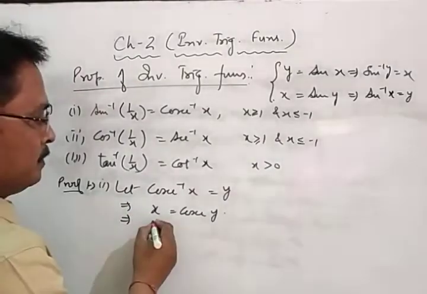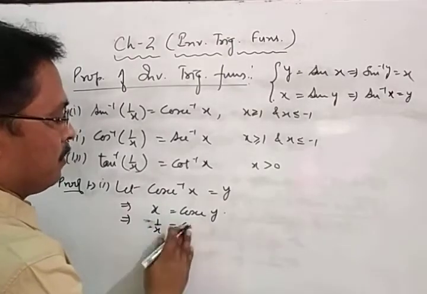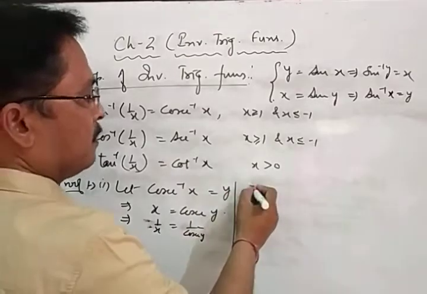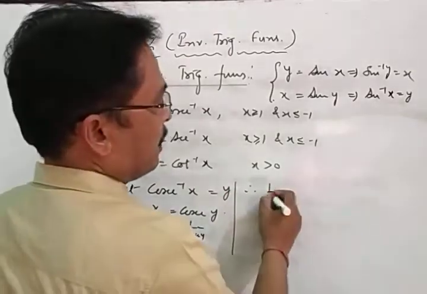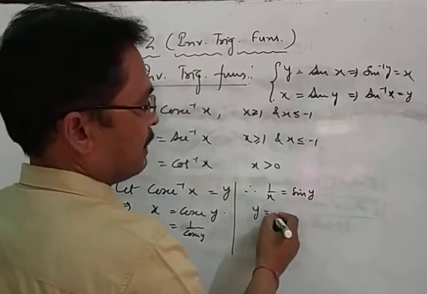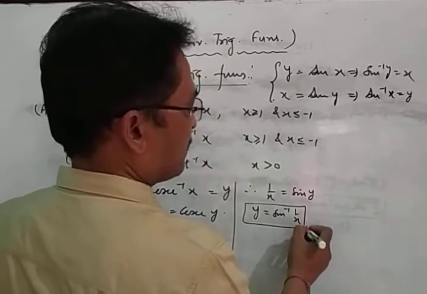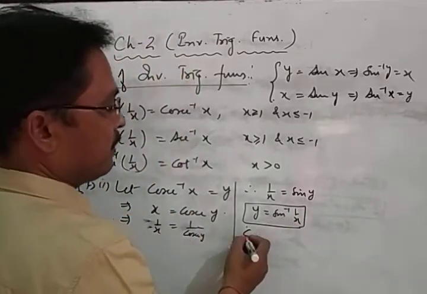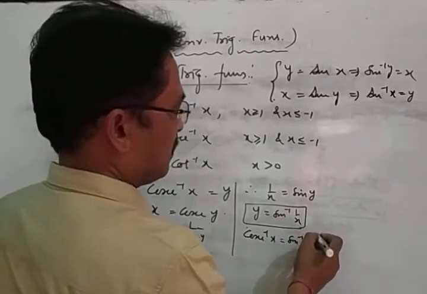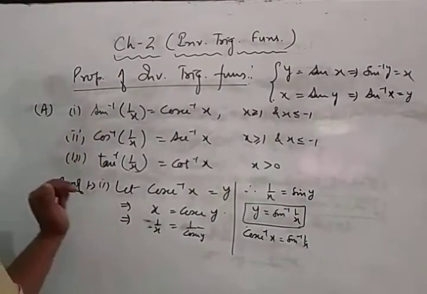Now, 1 upon x equal to 1 upon cosec y. Therefore, 1 upon x equal to sin y, or therefore y equal to sin inverse 1 upon x. In place of y we can write cosec inverse x. Clear? Similarly you can prove other two properties.